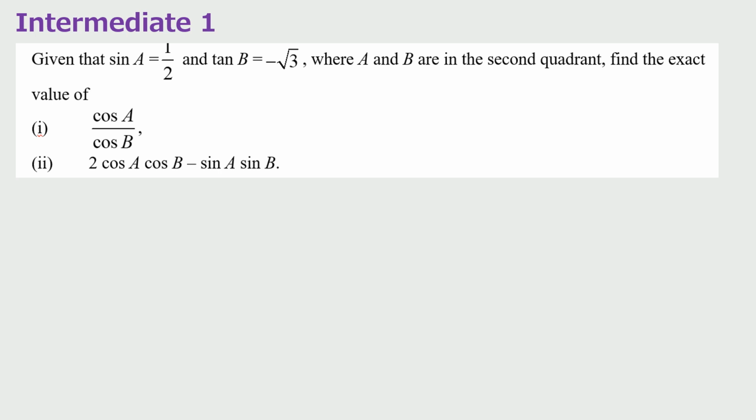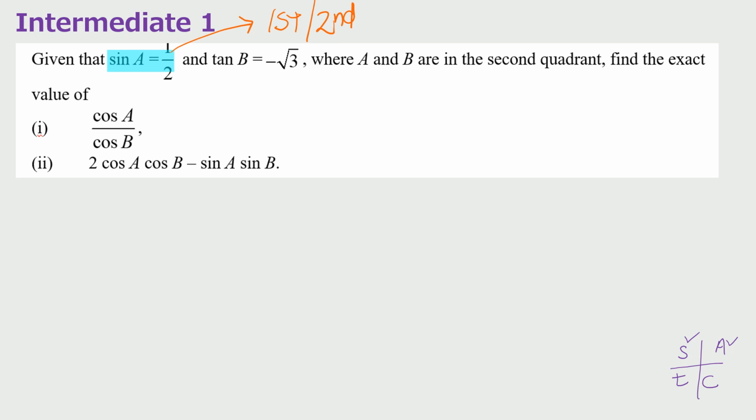If you recall your ASTC, the sine ratio is positive in the first and the second quadrant. So for sine A to be half, angle A can come from the first quadrant, and can also come from the second quadrant. Actually, A is 30 degrees, sine 30 is half, and sine 150 is also half.